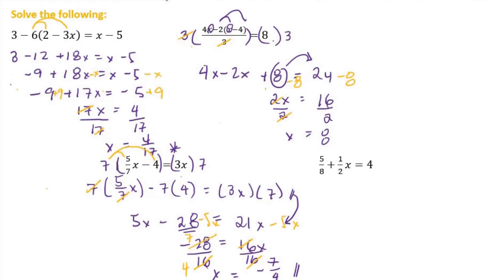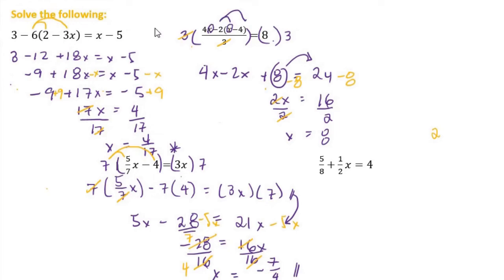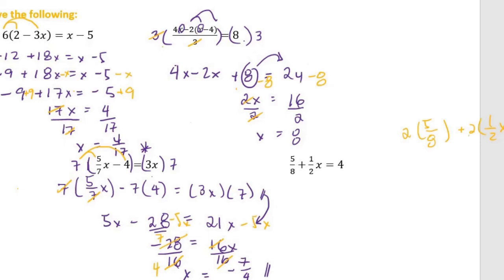If I multiply the left side and the right side by 2, I wouldn't quite get there, because I'd have 2 times 5/8, and then also 2 times 1/2 x equals 4 times 2. So that almost works because these 2's will cancel and I'll be left with an x, but 2 and 8, while they do simplify, would leave you with a 4 in the denominator.